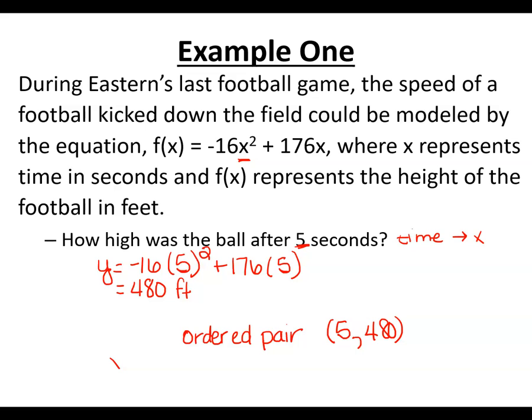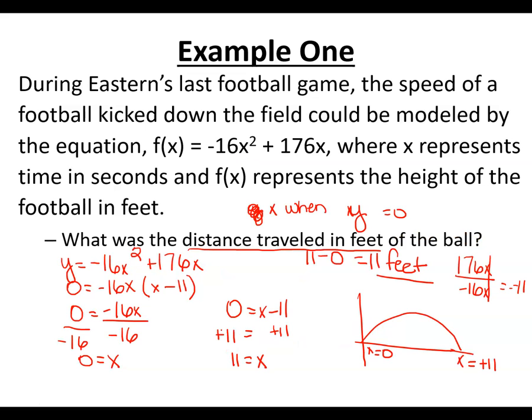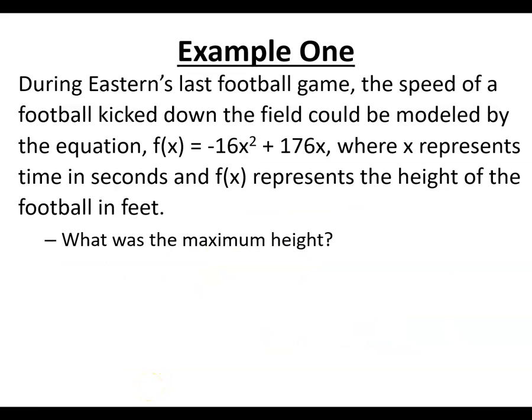But what about that maximum? What was that maximum height? Okay, x equals negative b over 2a, which we will remember from studying the parabola. That is our axis of symmetry, which in this case is an x value.